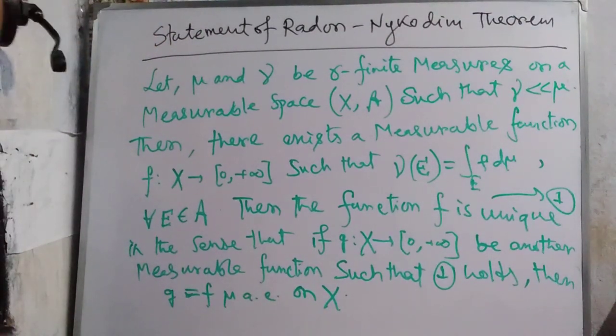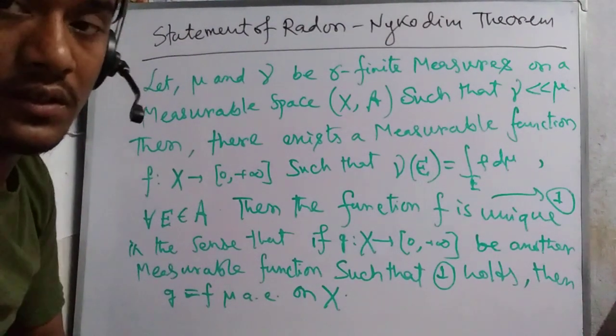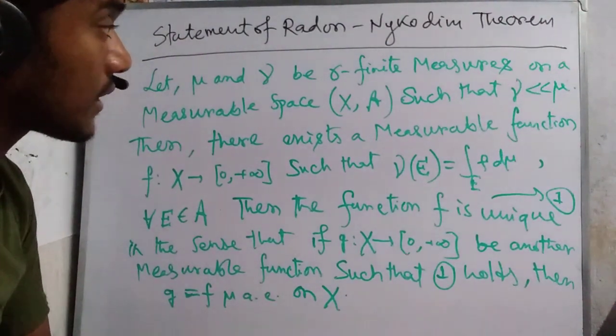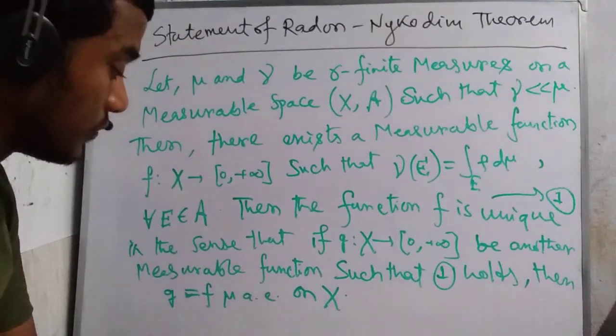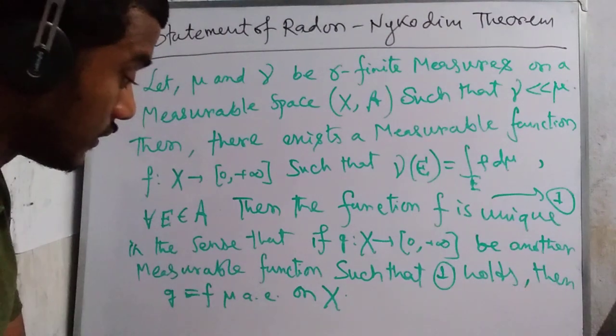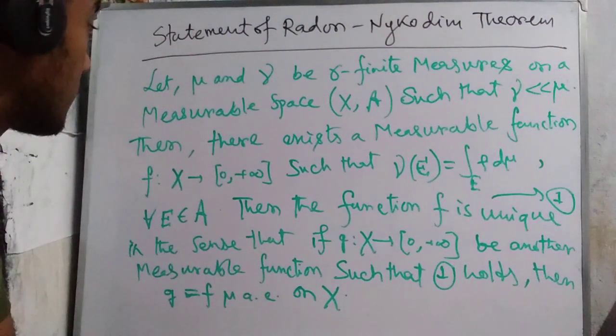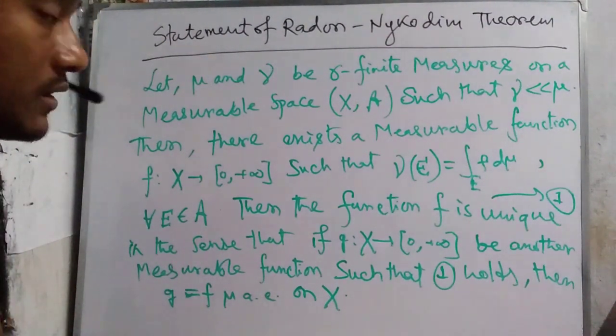So what happened is here, let μ and γ be two σ-finite measures on a measurable space (X, 𝒜), such that γ is absolutely continuous with respect to μ.